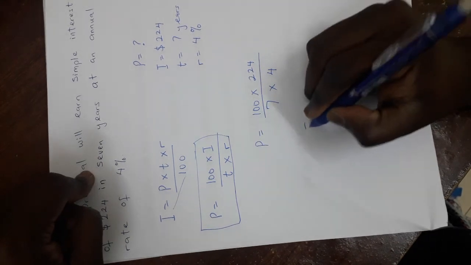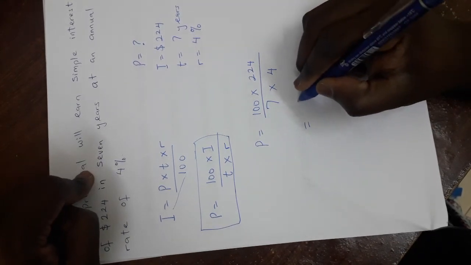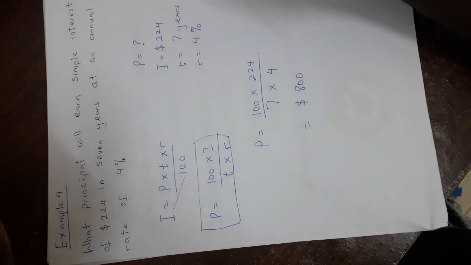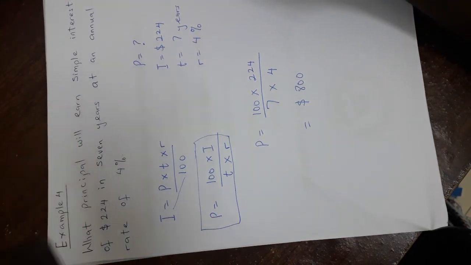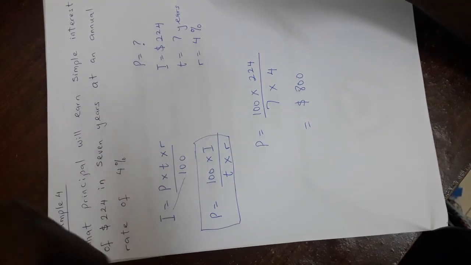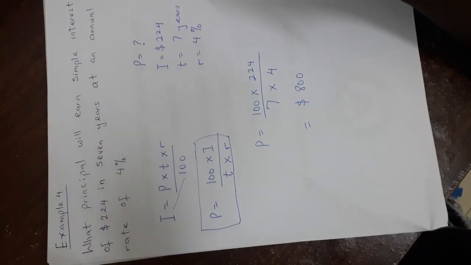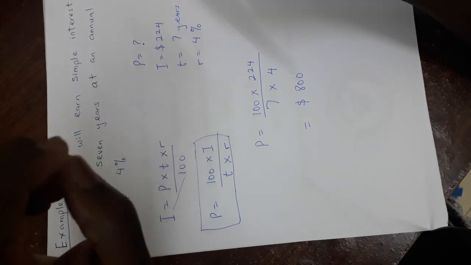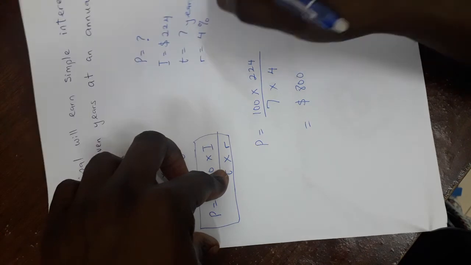So finally, when I calculate all this, my principal has to be $800. It means I have to keep $800 in the bank for 7 years at a rate of 4% to get $224. That's very interesting.